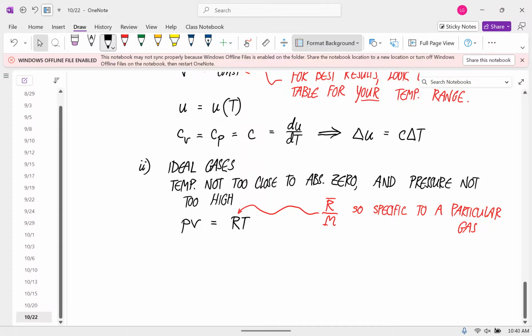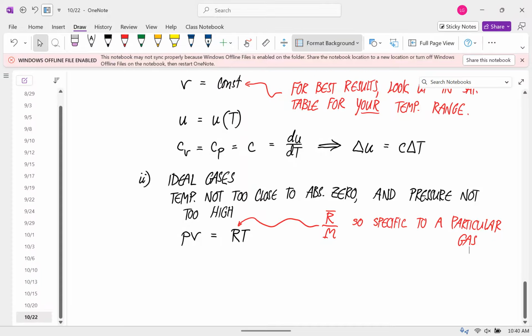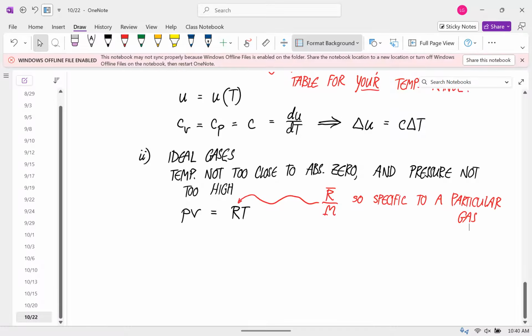Remember that this is true for both of these two simplified models: the specific internal energy is only a function of temperature. And then for the specific heats, there is a simplified thing that happens, but it's not the same thing that happens with incompressible materials.